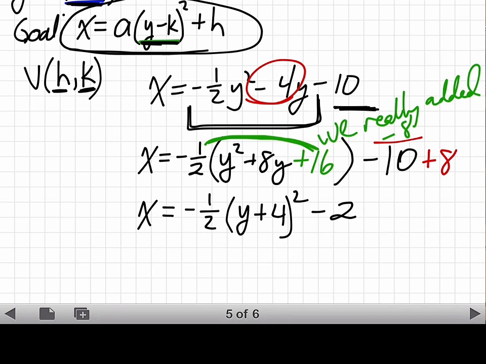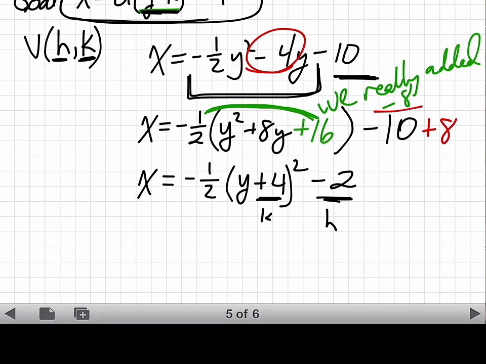Knowing that the number that goes with the y variable is k means that the other number is h. Keeping in mind that we change the sign of a number in parentheses and we don't for the numbers that aren't, the vertex is going to be negative 2, negative 4.